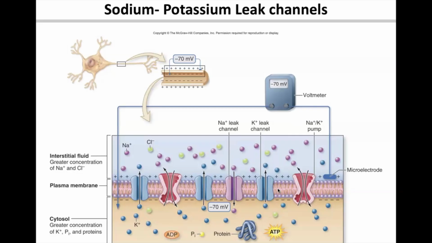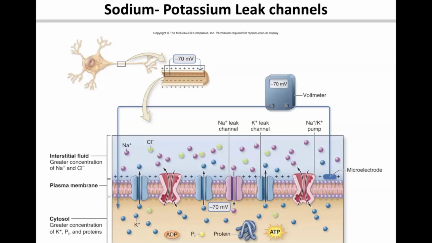As a result, many potassium ions will leak outside. So this is the second reason why the potential goes from -5 millivolt to around -70 millivolt, forming the resting membrane potential.